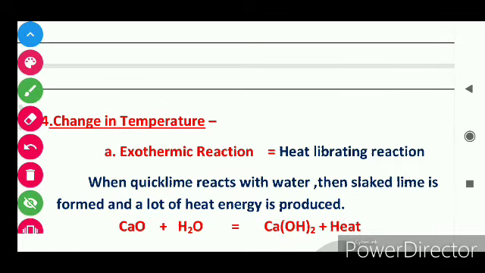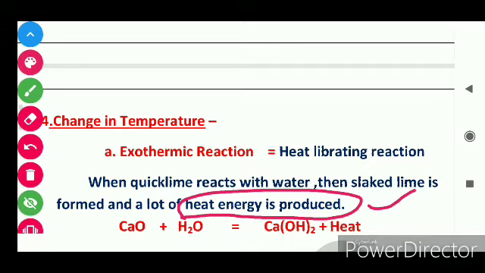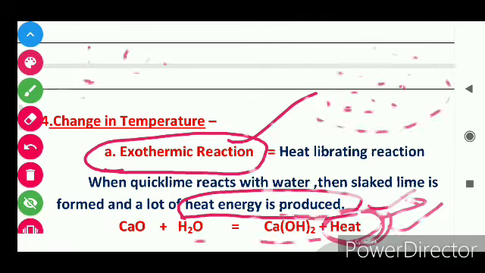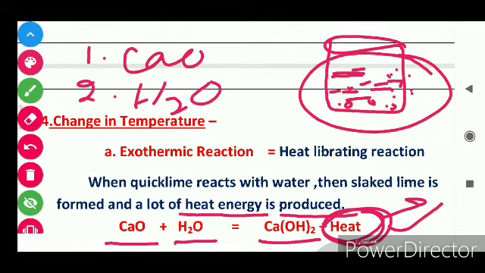These types of reactions in which heat energy is produced are known as exothermic reactions. Exothermic reaction means heat comes out.